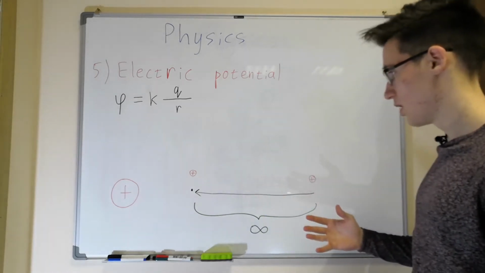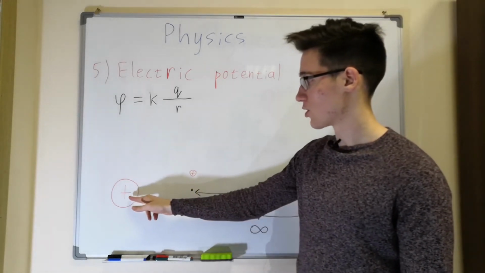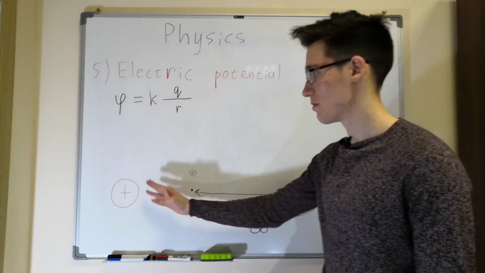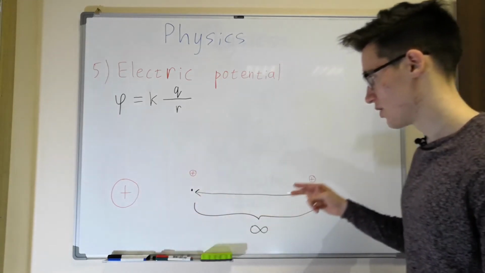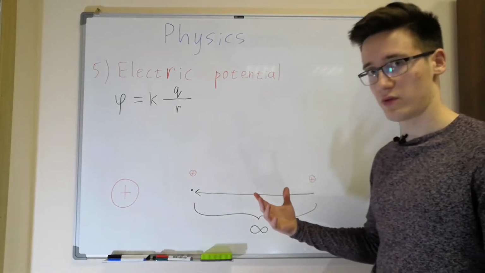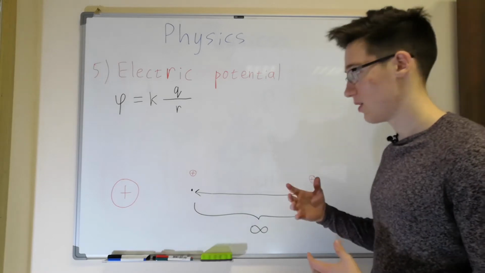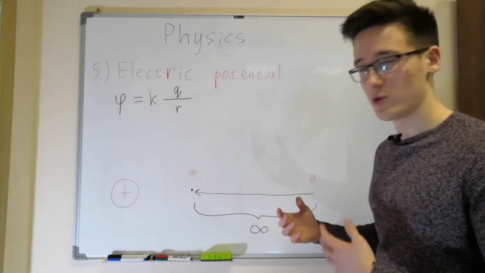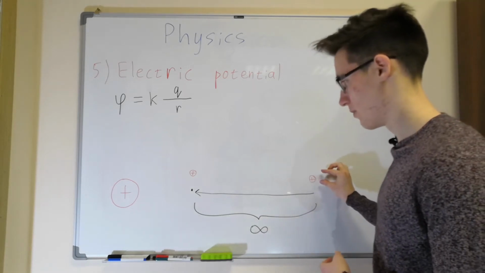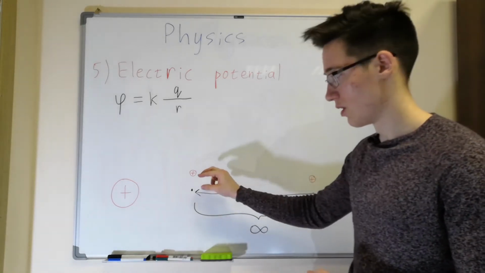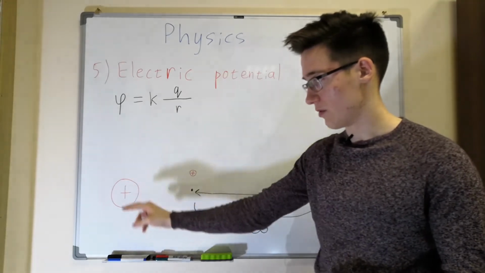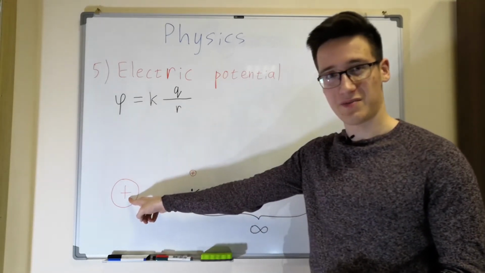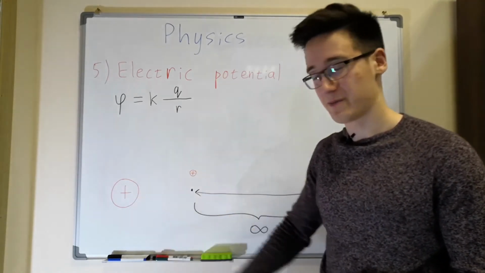Okay, so here, because the charged body generating the field is positively charged, this work will be positive because it will repel any sample positive charges that we will be trying to transfer from an infinite distance to any point around the big positively charged body, okay?